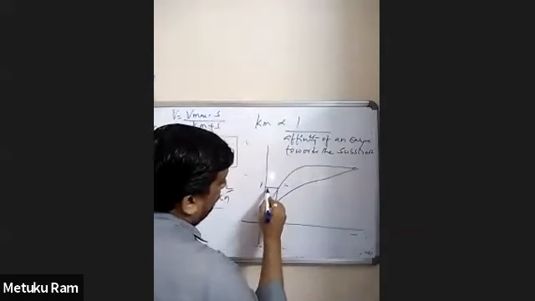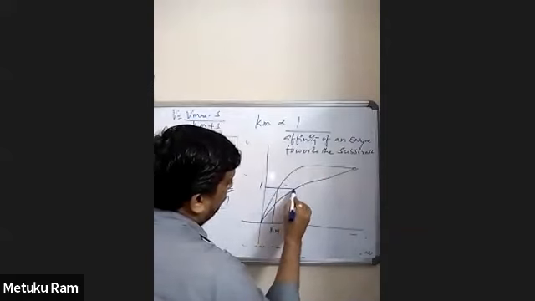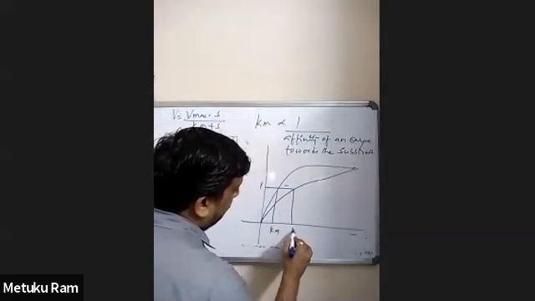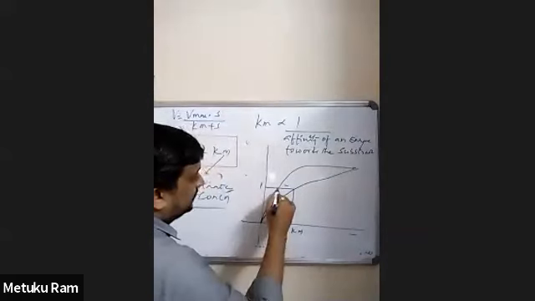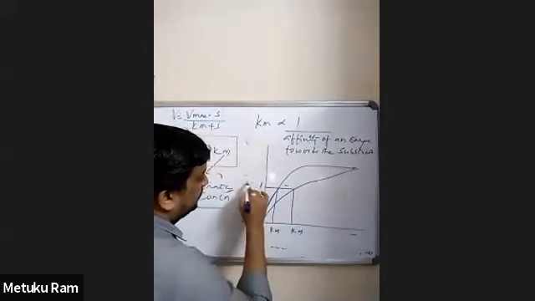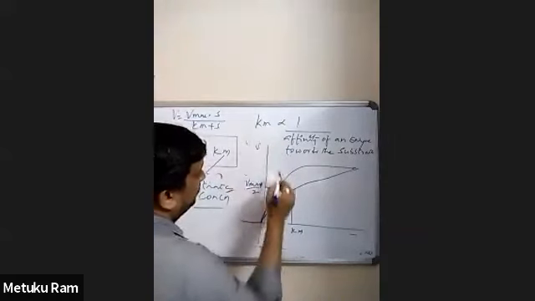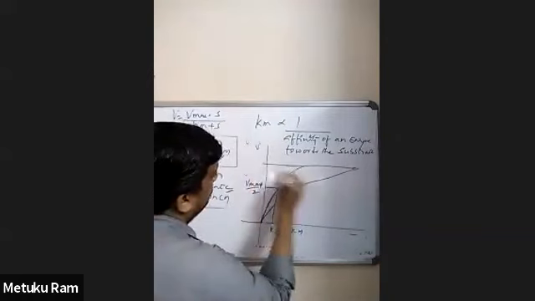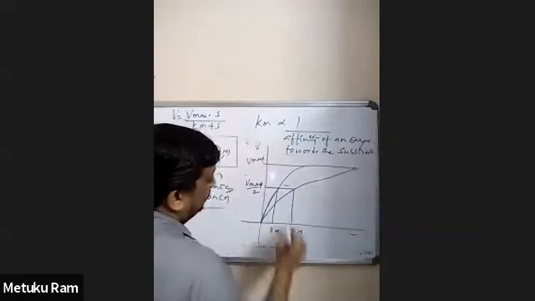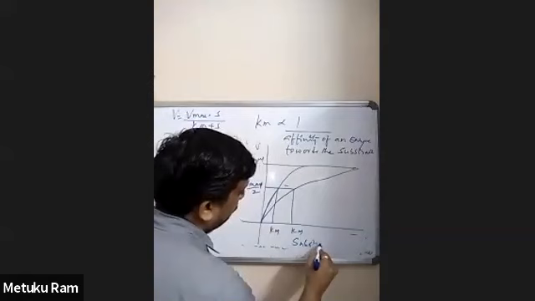This is the Vmax by 2, and this is a Km. So this is one Km value, and this is Vmax by 2, and this is Vmax. And this is the substrate concentration.